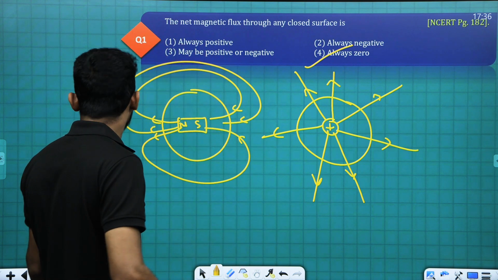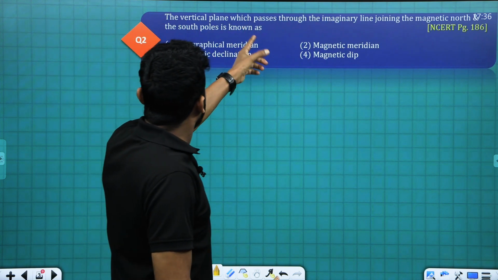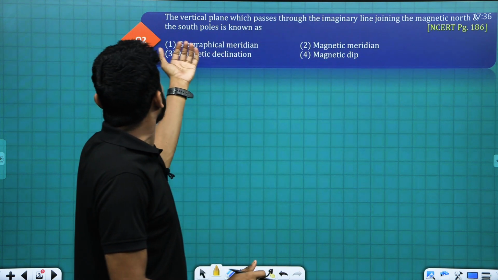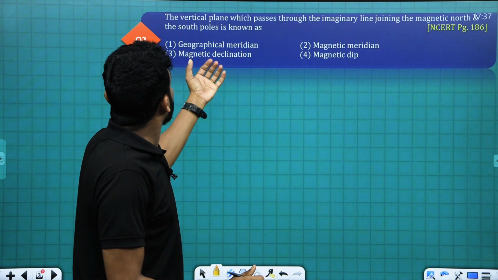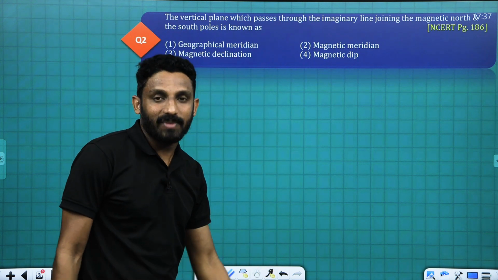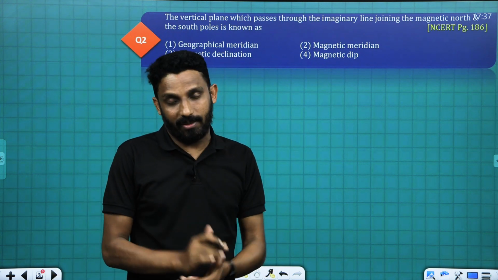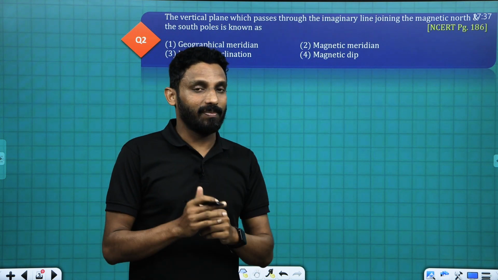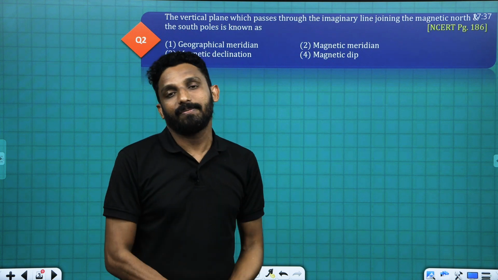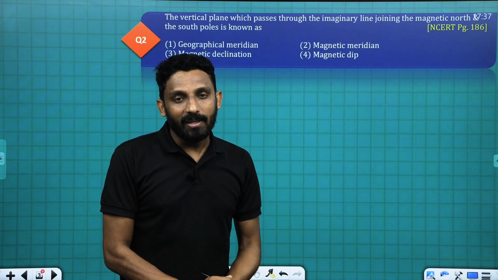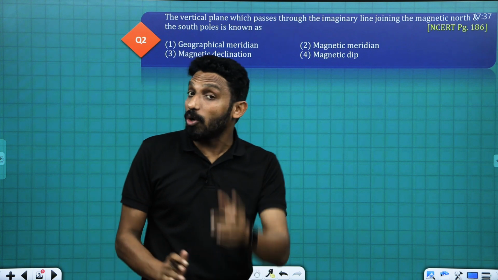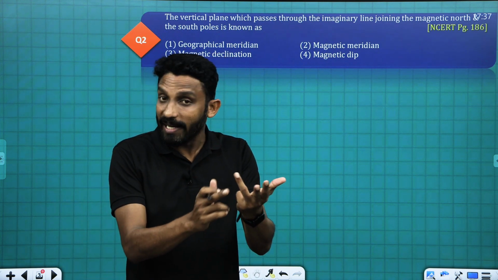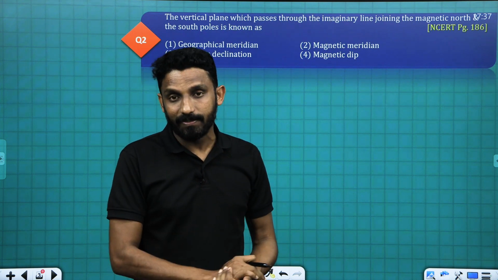The next question: the vertical plane which passes through the imaginary line joining the magnetic north and south pole is known as... The vertical imaginary plane which passes through the magnetic axis of the earth is called the magnetic meridian. We studied the magnetic elements of the earth: declination, inclination and horizontal intensity.